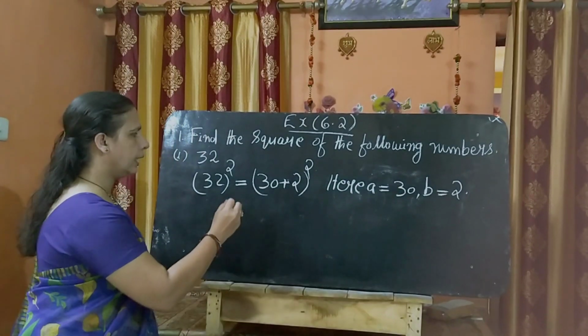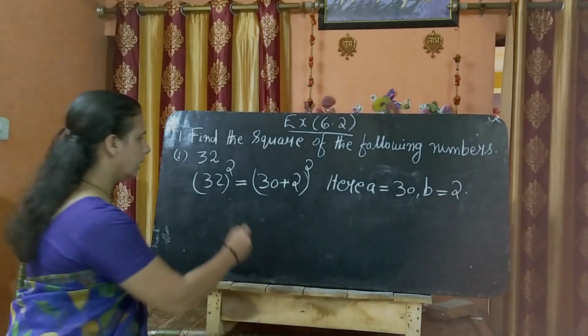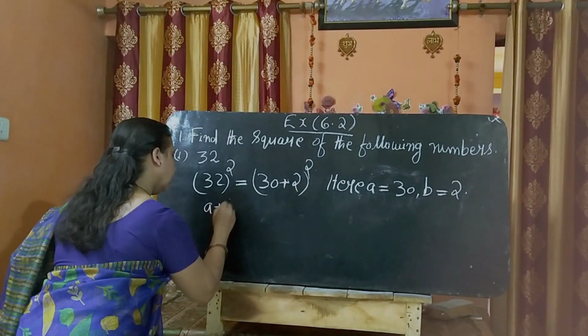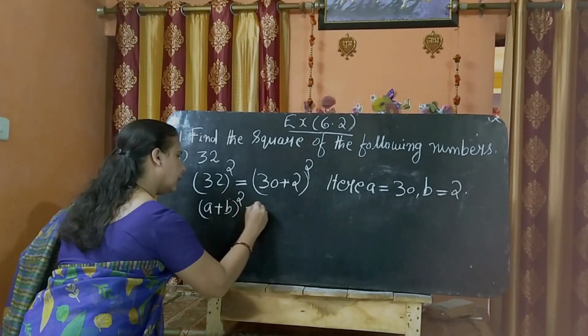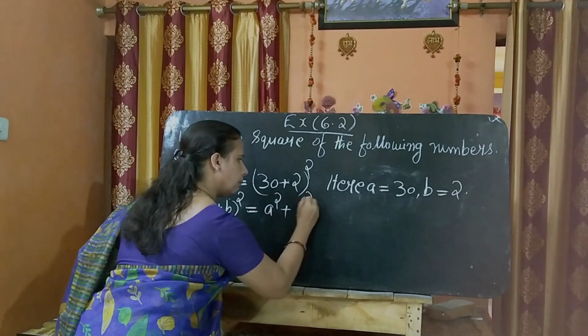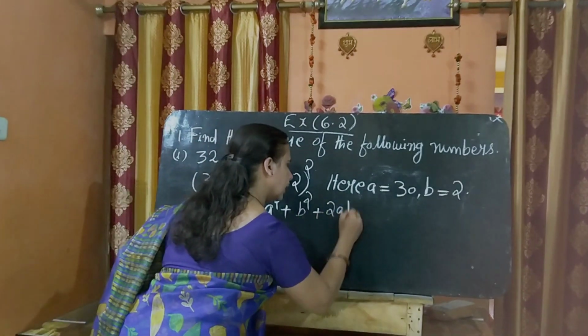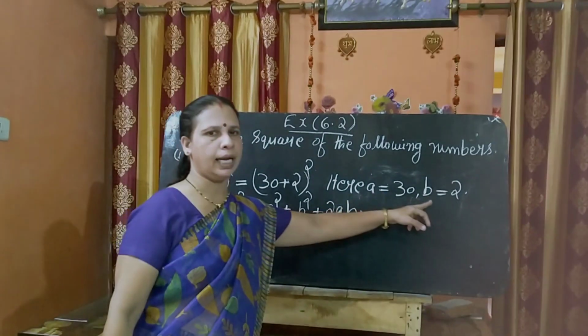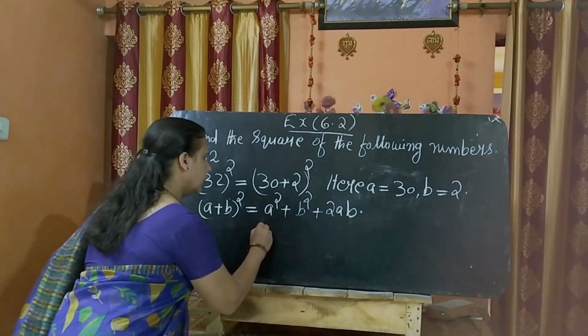Then use the identity. What is the identity? A plus b the whole square equals a square plus b square plus 2ab. Then substitute the value of a and b here. What is a?